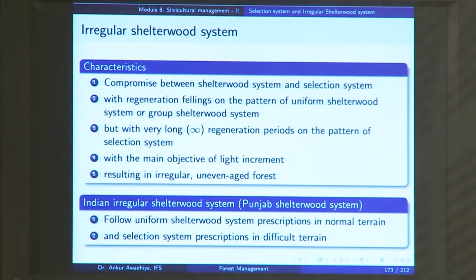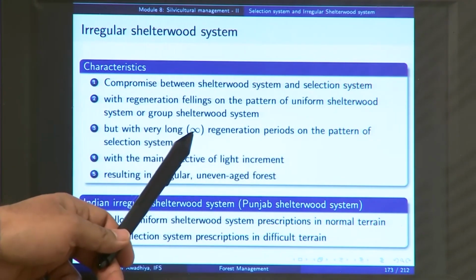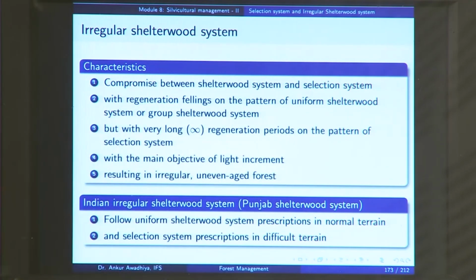or group Shelterwood system. So, what you are doing here is that you are doing your regeneration fellings either in the form of a uniform Shelterwood system or in the form of a group Shelterwood system. But unlike in the case of a uniform Shelterwood system or a group Shelterwood system, in which you are doing your operations in a very short period of time, here you do the regeneration over a very long period of time, an infinite number of years, on the pattern of the selection system.